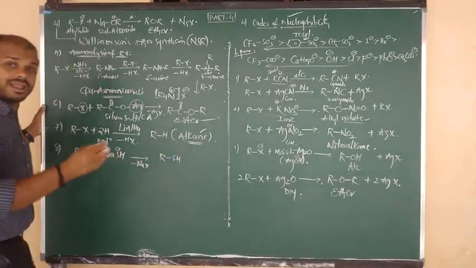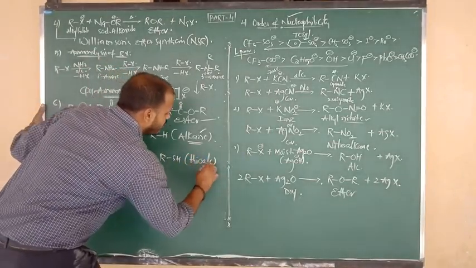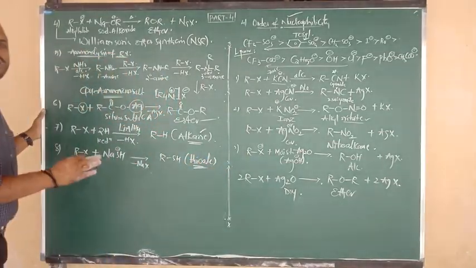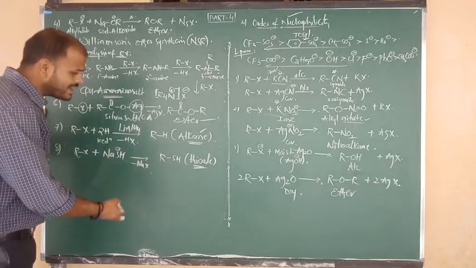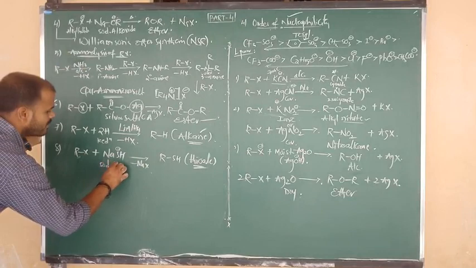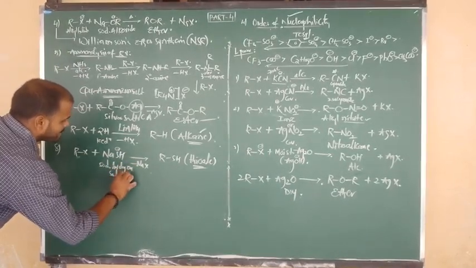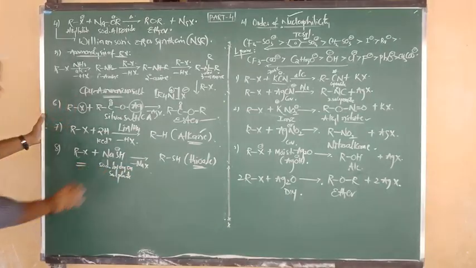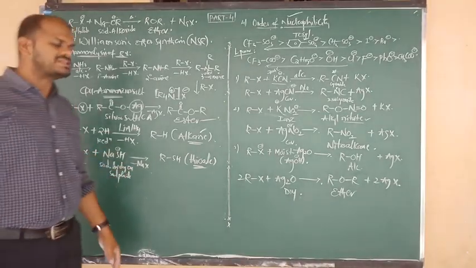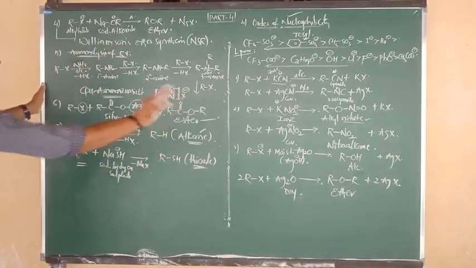This is called thiol, or thioalcohol. Looking like ROH, alcohol, RSH, thioalcohol. So the reactant name here is sodium hydrogen sulfide. Alkyl halides on reaction with sodium hydrogen sulfide give the product thioalcohol or thiol.